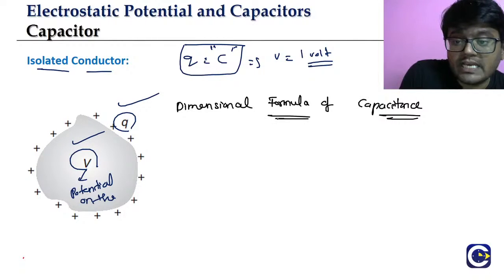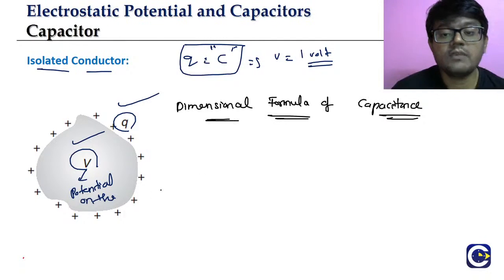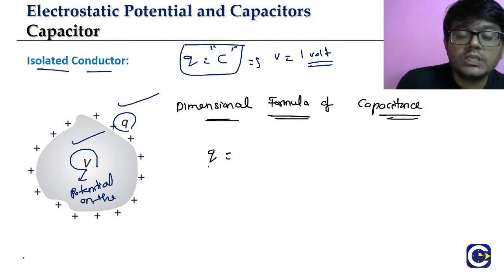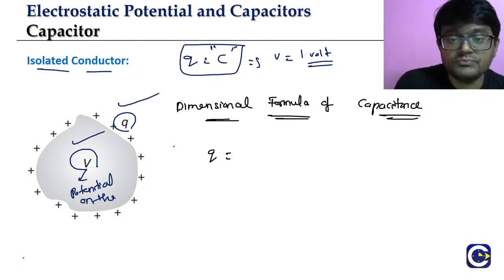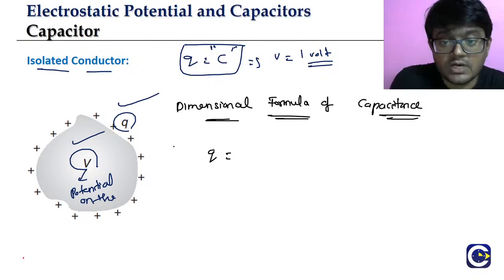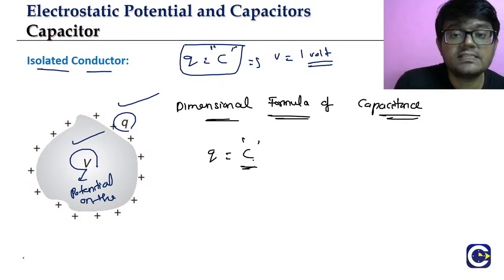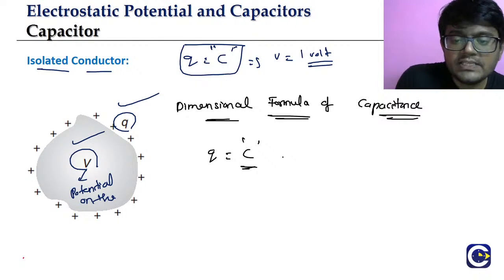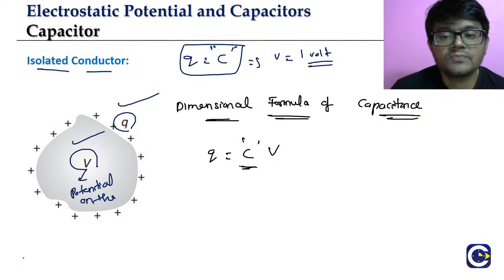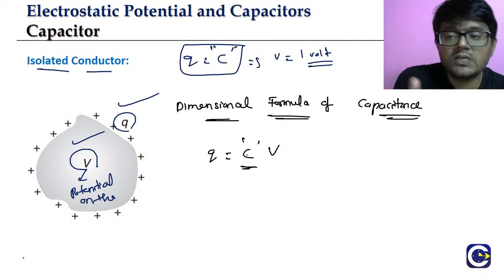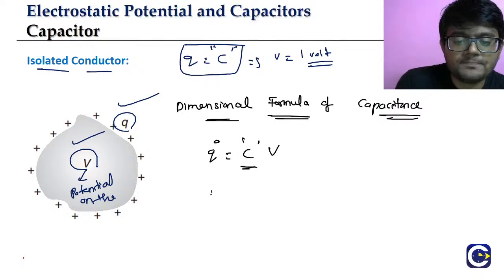What is the equation we have? Q, the charge on the capacitor, is equal to C into V. C is the symbol used for the capacitance.